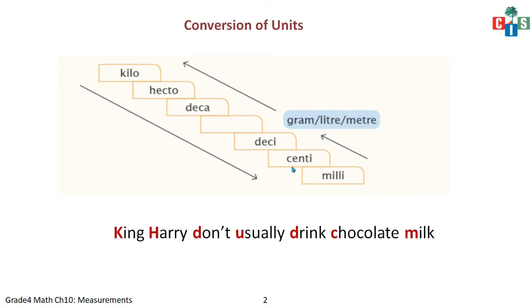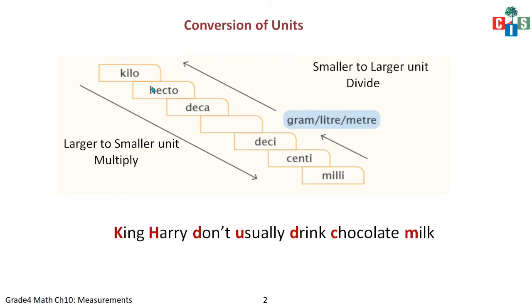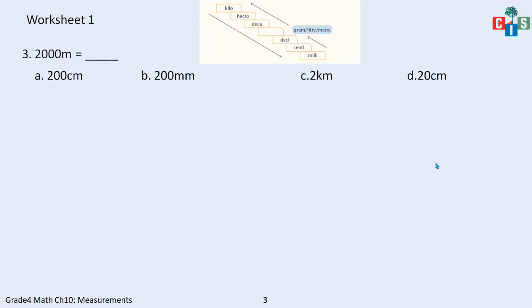When you move down, from the bigger unit to the smaller unit, you multiply. When you move up, from the smaller units to the larger units, you divide. So moving down is multiplication, moving up is division. And we saw certain conversion related sums also.